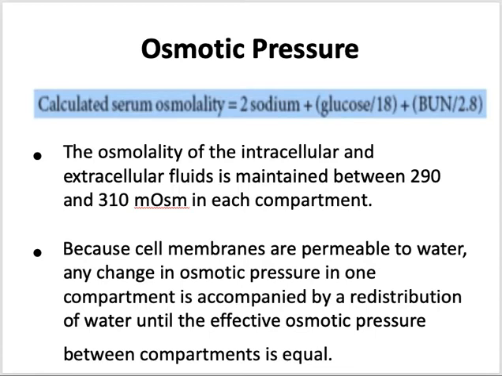So how many millimoles are there in 1 liter? Liter is the volume and millimoles are the number of particles. Of course, each particle has a certain charge on it. So when we talk about the charge, we can say milliequivalent per liter, right?